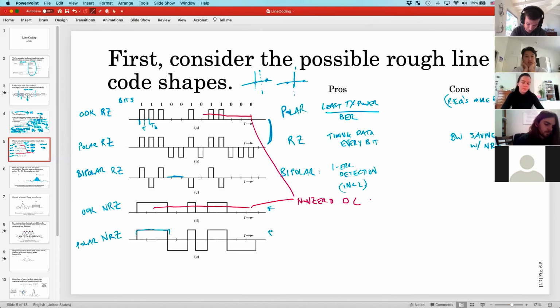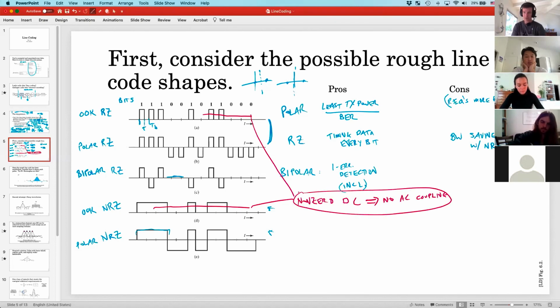So this means no AC coupling allowed. You could design your interfaces so they don't require AC coupling, but this has the effect of putting these signals in their own corner of the playground, and no one can really play with them. Because if you use AC coupling anywhere in your network, say goodbye to on-off keying.